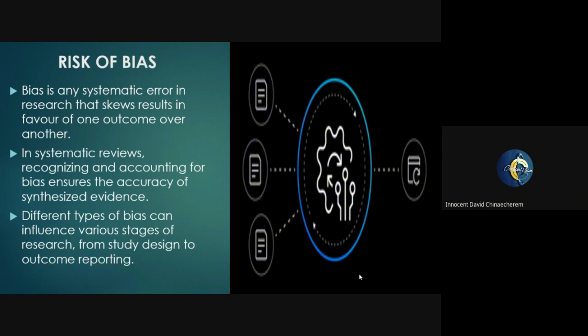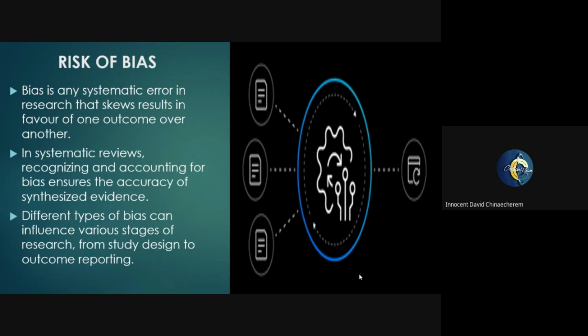Remember that when we define research, we explain research as the scientific process of new findings. So anything that can distort those findings is what we address as bias. When we are performing systematic reviews, we've got to include studies from diverse primary studies and all that.